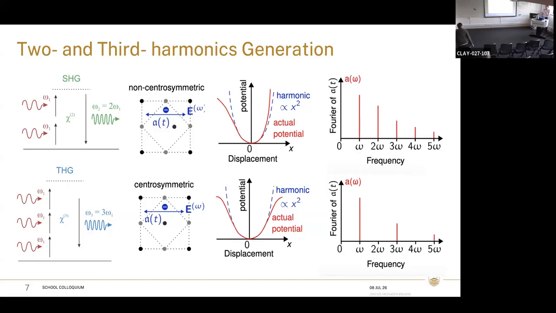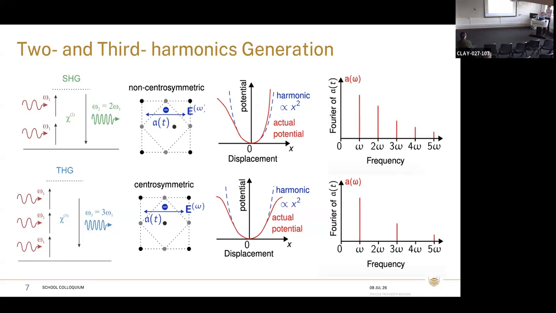Basically, for second harmonic generation, we have a material with second order nonlinearity and pump it with a laser, generating light with double frequency. And for third harmonic, it's the same process but with three photons. Those processes really depend on the symmetry of the crystals.